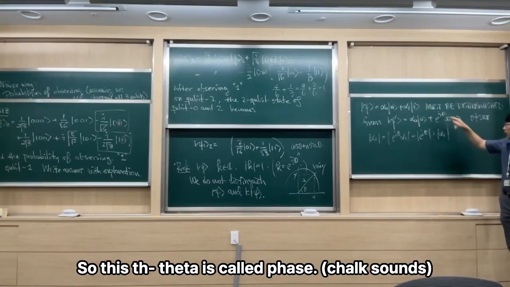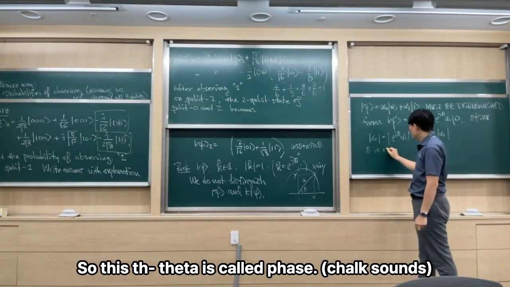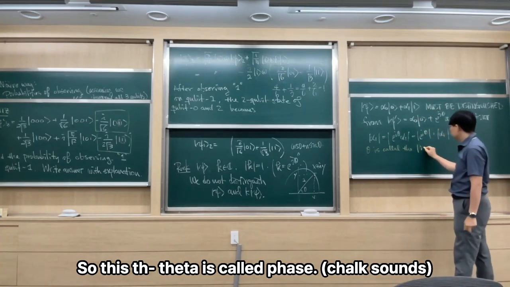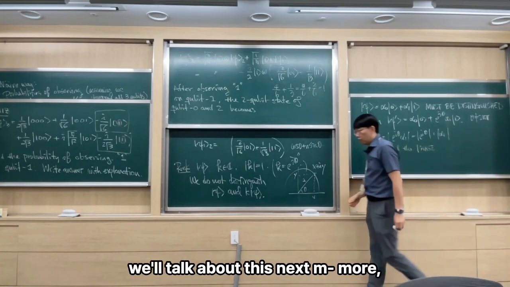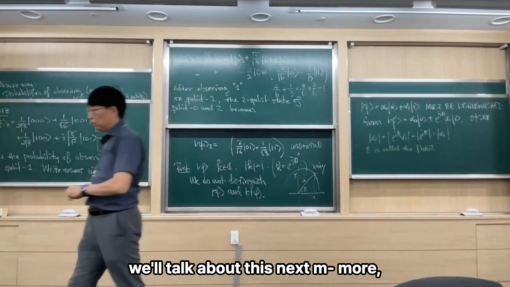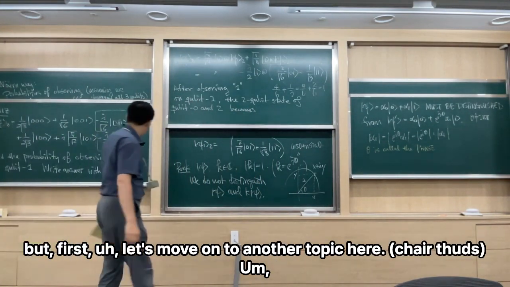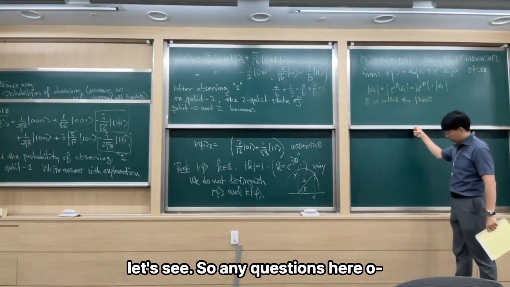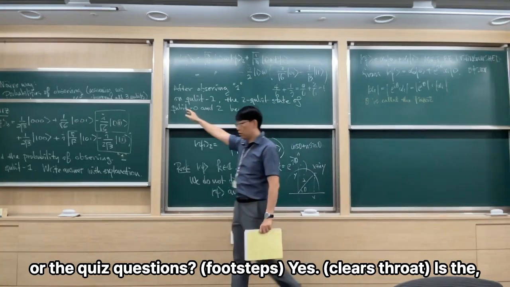So this theta is called the phase. We'll talk more about this later. But first, let's move on to another topic here. Let's see. So any questions here, or about the quiz questions?